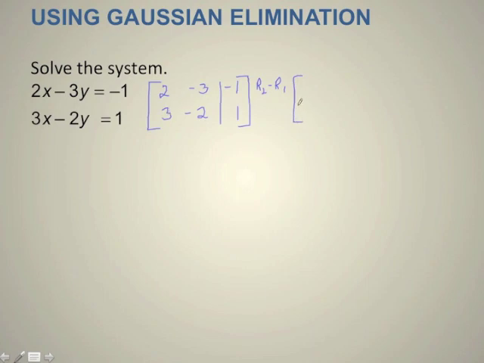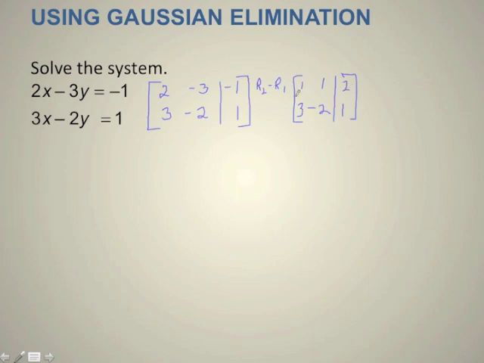So row 2 is going to stay the same, and row 1 will become 3 minus 2, or 1, -2 minus -3 will also be 1, and 1 minus -1 will be 2.